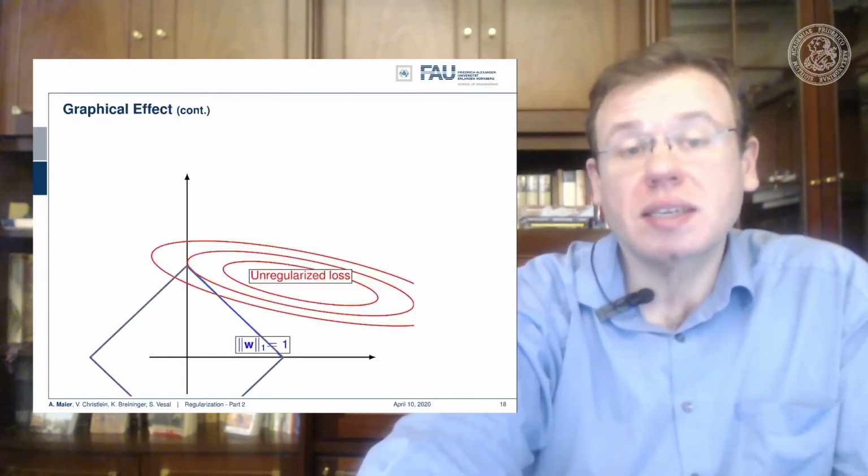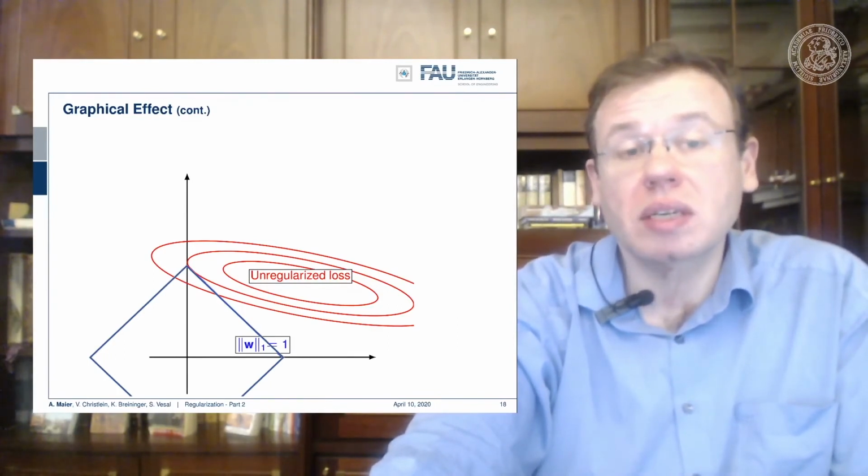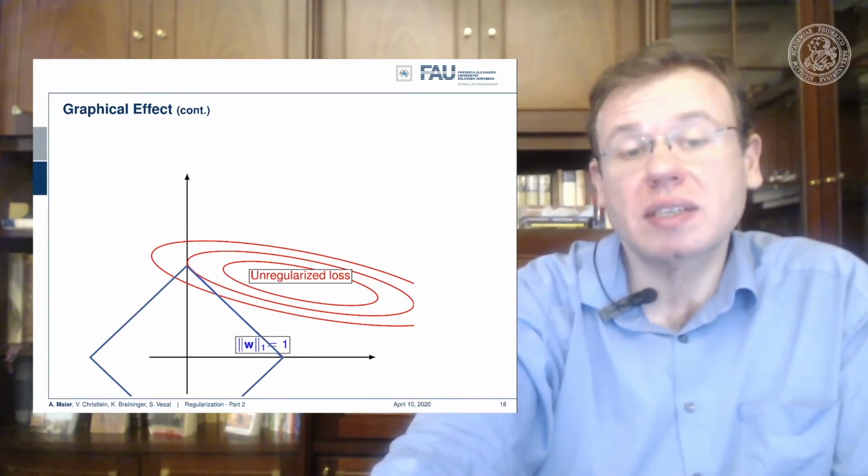Now we can also visualize this in our small graph. The shape of the L1 norm is of course different. With L2 we had this circle, and with the L1 norm we get this essentially diamond-looking shape. And now you can see that the minima that are selected are likely to be located on the coordinate axis. So if you try to find the minimum position of this L1 norm and the unregularized loss, you will see that the point of minimum unregularized loss intersected with this L1 norm is essentially on the y-axis in this plot.